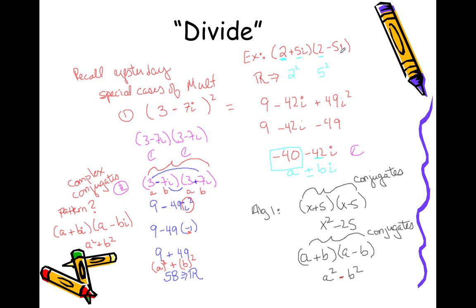Because 2 is the a, 5 is the b, and then what's going to happen in between? This is super helpful. And it's going to be super helpful for when we quote unquote divide.